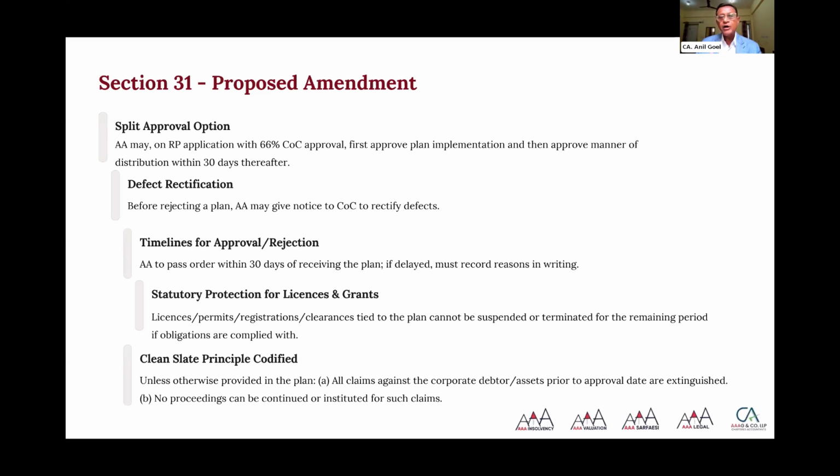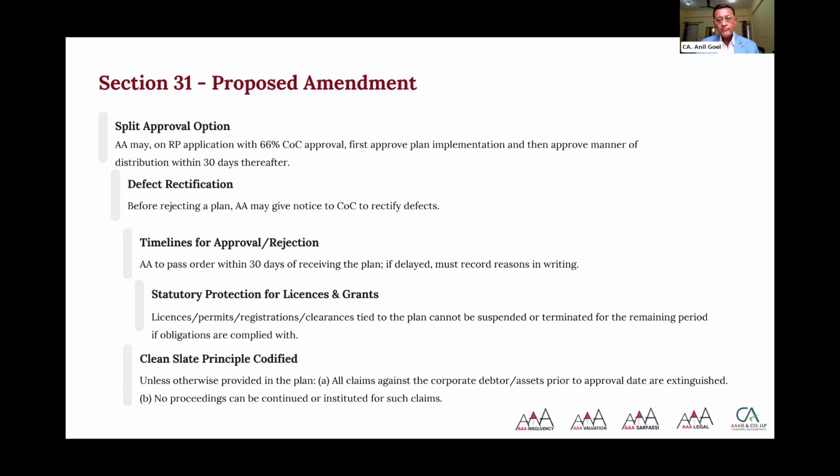Presently, it was only out of various judicial pronouncements. Now it is very clear that unless otherwise provided in the plan, all claims against the corporate debtor or against the assets prior to the approval date are extinguished. Also, it says very clearly that after the resolution plan is approved, no proceedings for such claims can be continued or instituted.